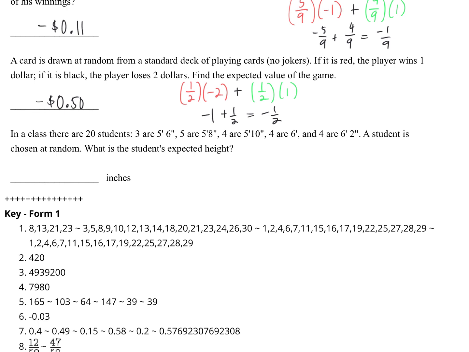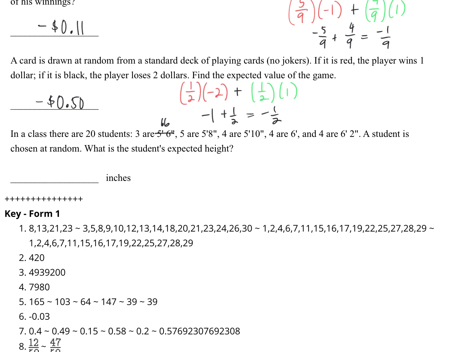That's 60 inches, and then add the 6 that's here. So this will be 66 inches. So again, multiply the feet by 12 and then add the inches. 5 times 12 is 60, plus 6 is 66. So we're going to use 66 inches.